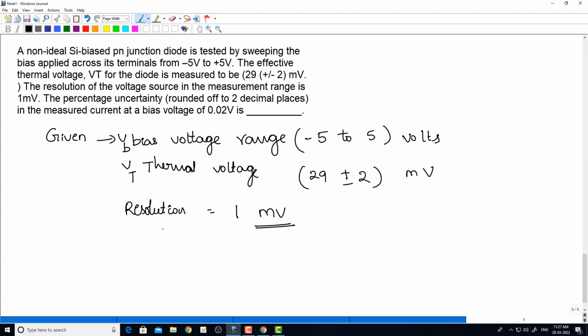So, we need to find the percentage of uncertainty in the measured current when the bias voltage is 0.02 volts. Bias voltage we represent with Vd.